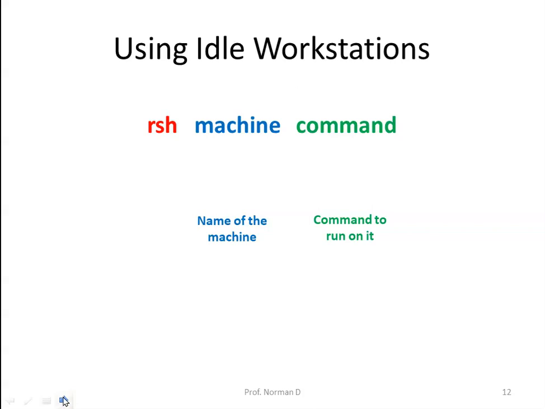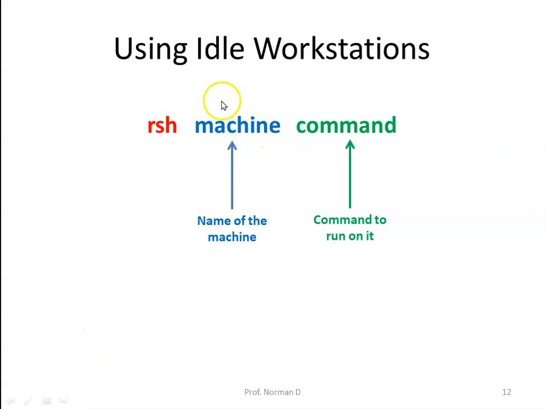Now, how do we use these idle workstations? The earliest attempt to use idle workstations was done using the RSH program that usually comes with a Unix machine. Programs on remote machines were called using this statement: RSH, machine, and the command.